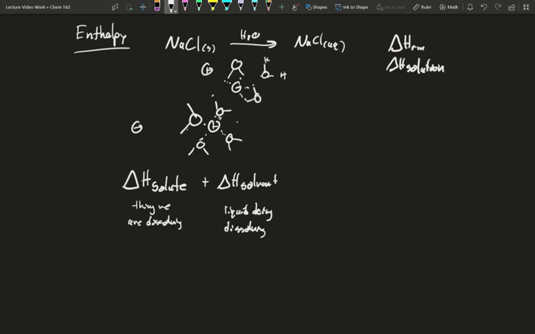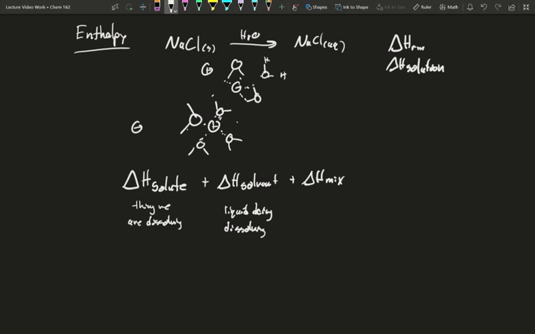Well, these are forming bonds. These are giving away energy. And so there's also a delta H here for that mixing. As the solvent is then able to surround and interact with the solute, it's going to give away some energy. So we have some positive delta H's for breaking our materials apart.